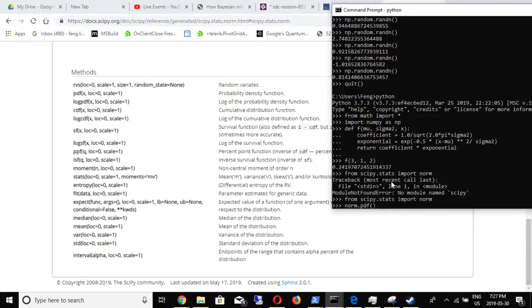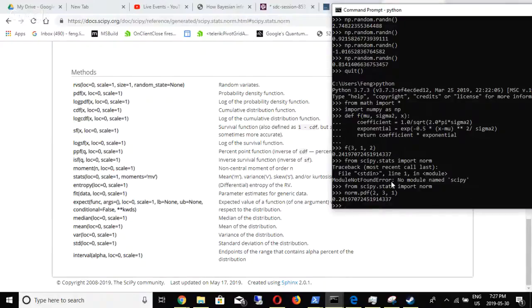The X here would be 2. LOC, I believe, is the mean, which is 3. And the scale is 1. Right? And there you go.